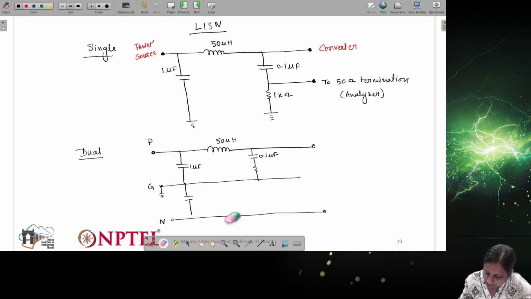Sorry, here one inductance will also come, the same inductance as the positive line, connected here. Again here the resistance and this capacitance will be there, and this will be connected to 0.47 microfarad.